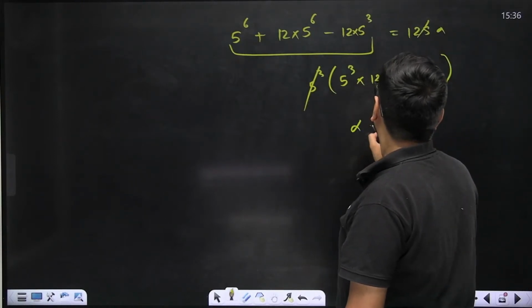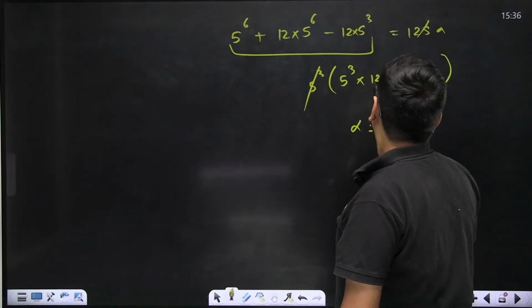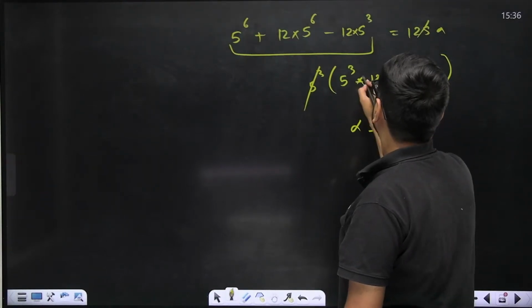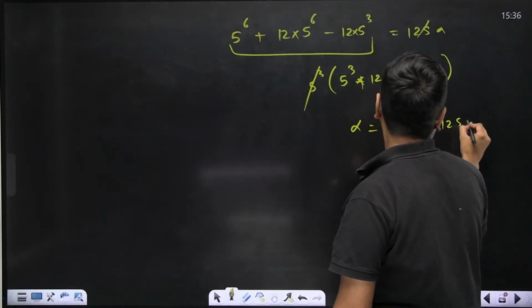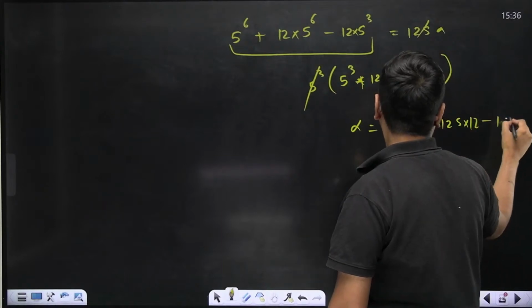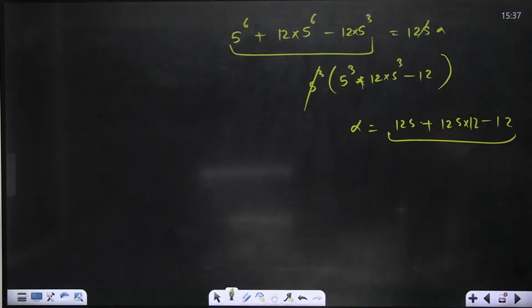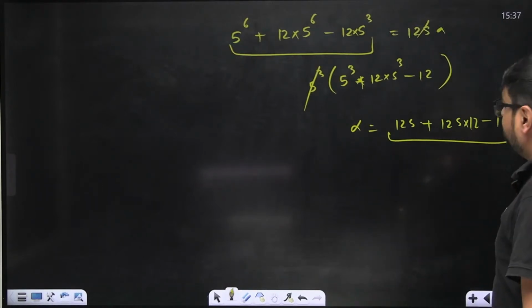So alpha is nothing but 125 plus 125 into 12 minus 12. So 13 into 125 minus 12 it will become. This will be your answer.